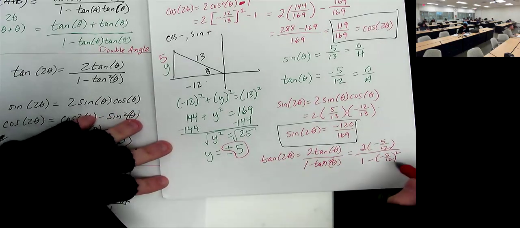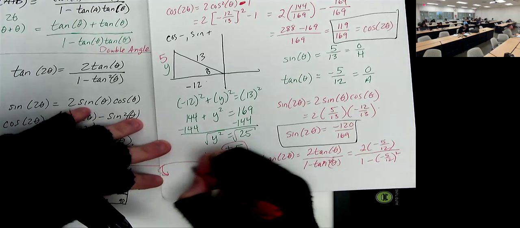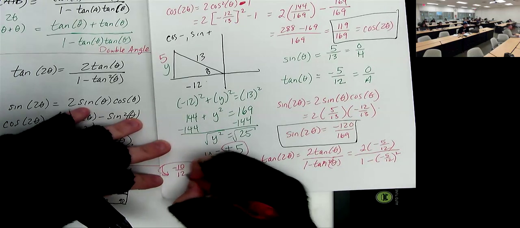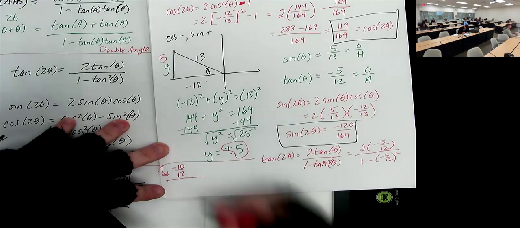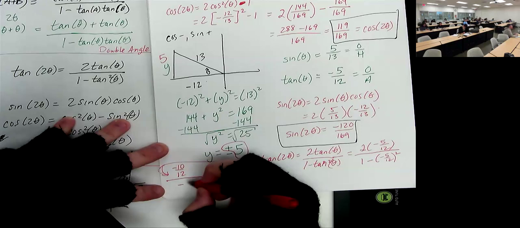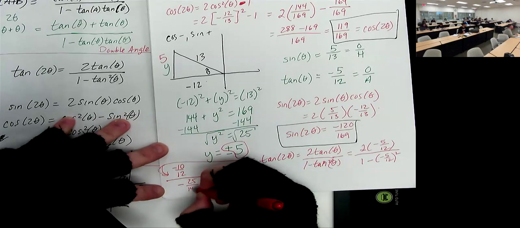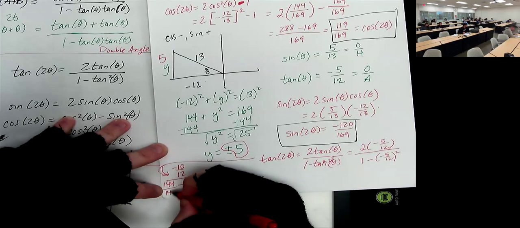So I'm gonna continue this on over here. The top is -10/12, I'm not gonna reduce it yet. The bottom has 1 minus 25/144. And I'm gonna replace the 1 to get a common denominator with 144/144.